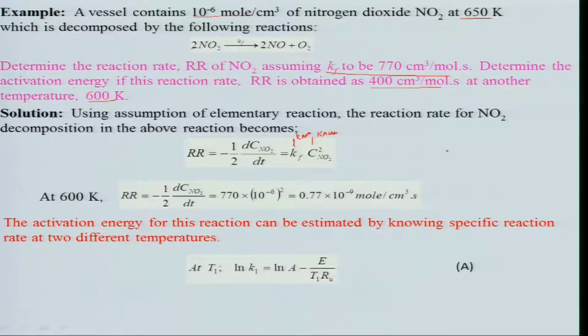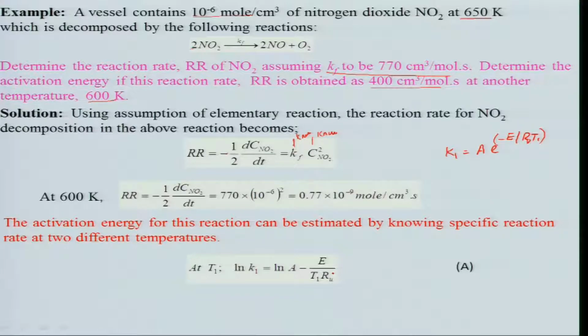How is it coming? Because we know that K1 is equal to A e to the power minus E by R T1, right. Of course, this is RU, right. So, if I take the log on both sides, then naturally we get ln K1 is equal to ln A minus E divided by T1 RU.